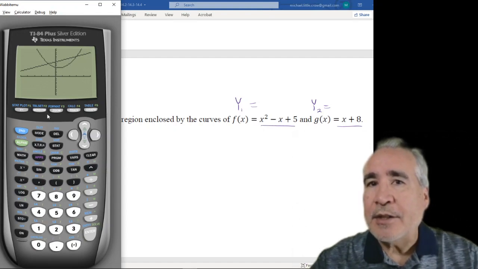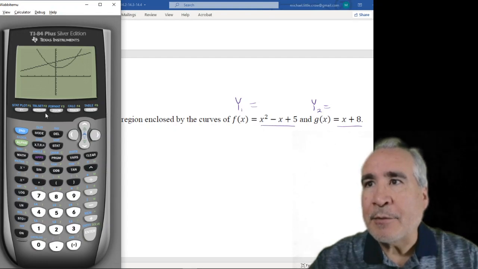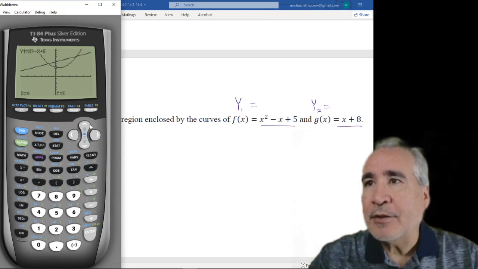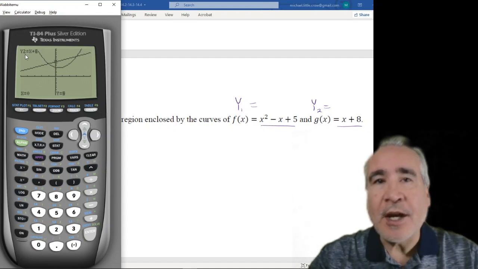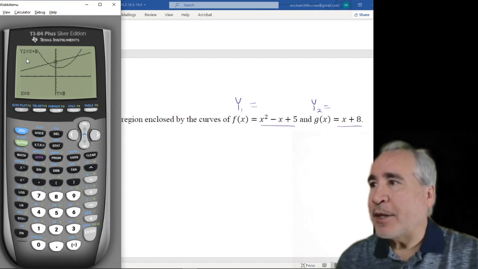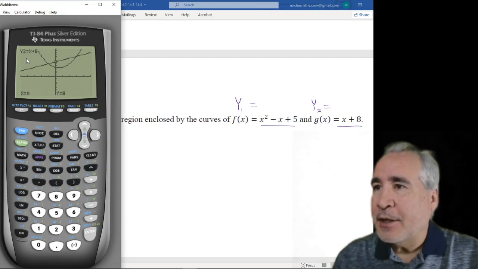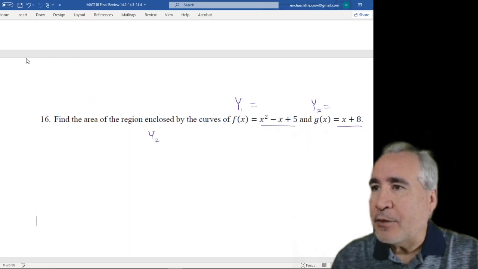Okay, second step. Now that we've graphed it, I guess you go to the trace. The bottom curve here, it tells us that's Y1. Wow, Y2 is on top. So we want to remember that we're going to be going Y2 minus Y1 for this one.